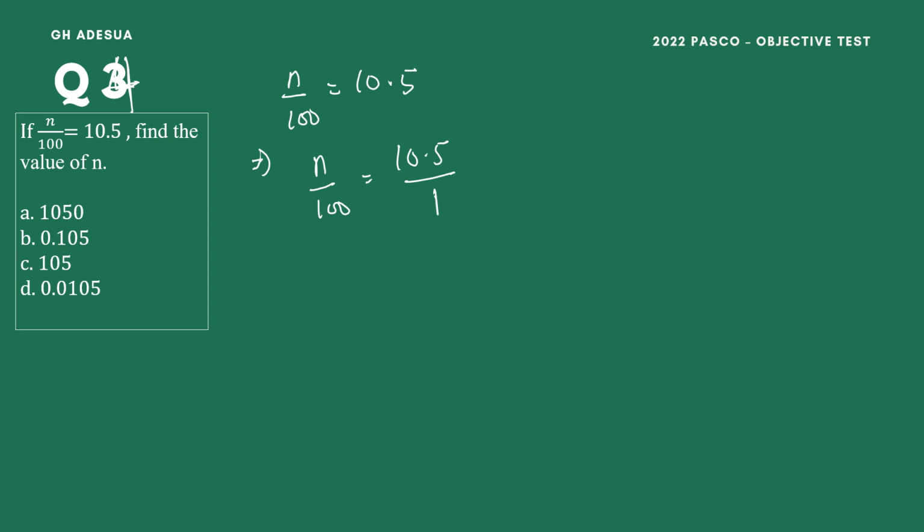There are two ways in solving this. We do our cross multiplication where we have 10.5 times 100 equals to n times 1.